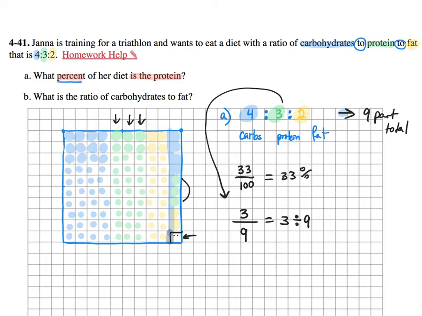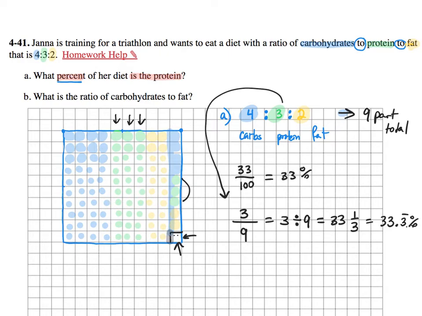Pause the video and calculate what is 3 divided by 9. It will give you 33, and then that one piece gives us 1/3, or 33%, 33.3. So we're getting more accurate here. So we can say 33.3, with the 3 repeating forever, and then percent. That's how we figure it out.